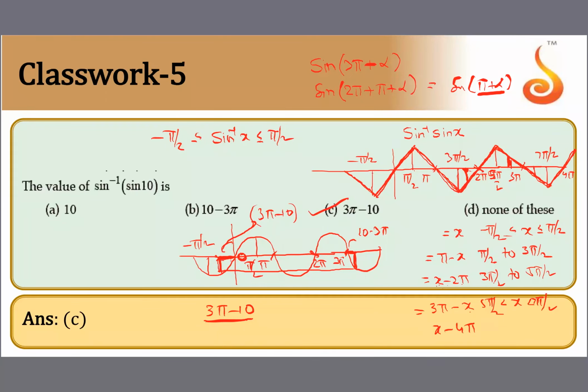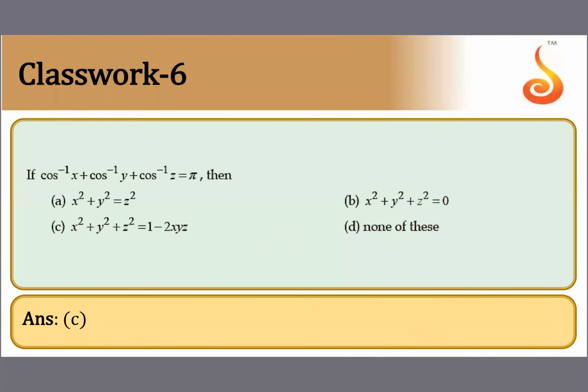Can I move to the next problem? Now it's clear? Good. So again, a good problem. What we do is cos inverse x plus cos inverse y is equal to pi minus cos inverse z. The formula we know, cos of pi minus x is equal to minus cos x. Similarly, cos inverse of minus z is pi minus cos inverse z.